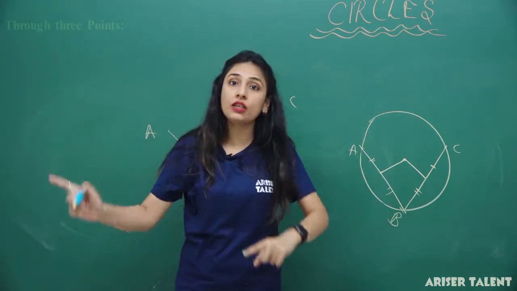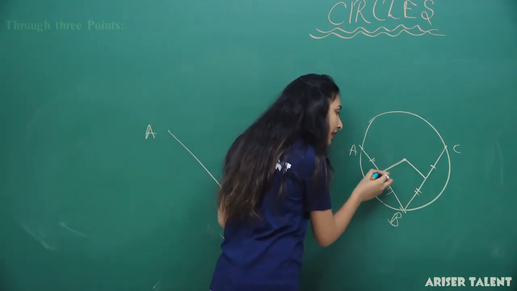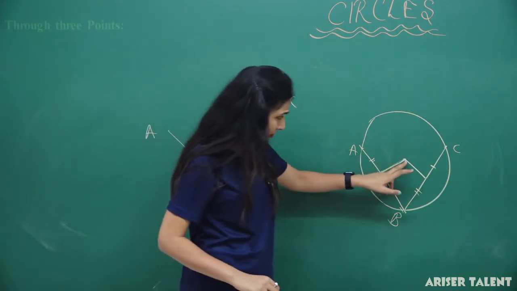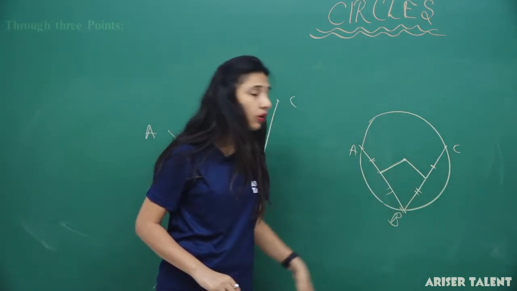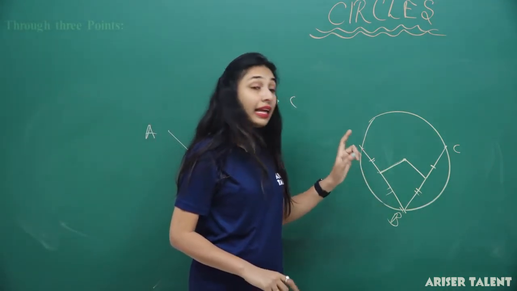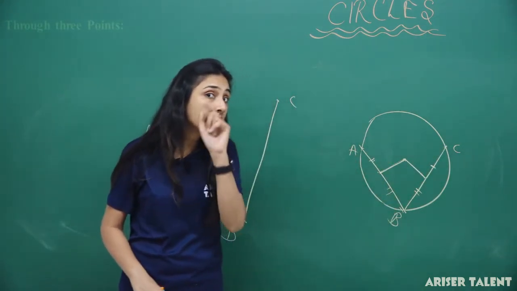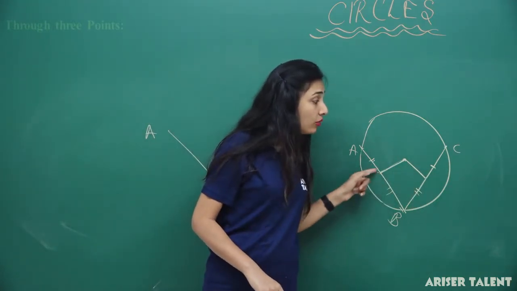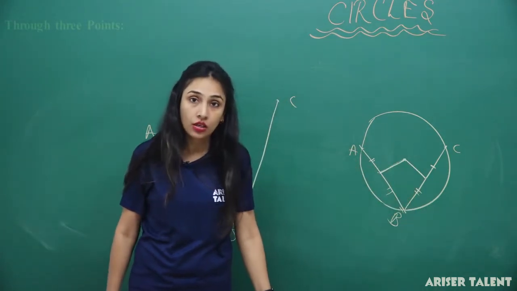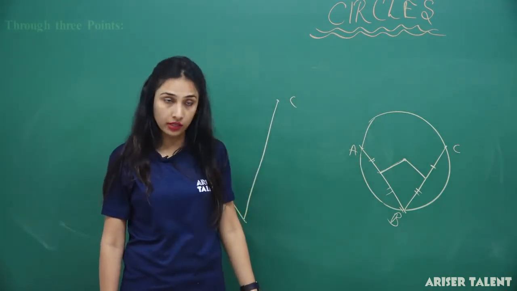And we have proved previously in our theorem that if you draw a perpendicular from the center on a chord, it will bisect it. That means the perpendicular bisectors of AB and BC will meet at a particular point, and that point will be the center. So this is how you can draw a circle from 3 given points.